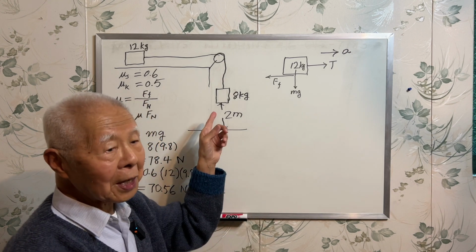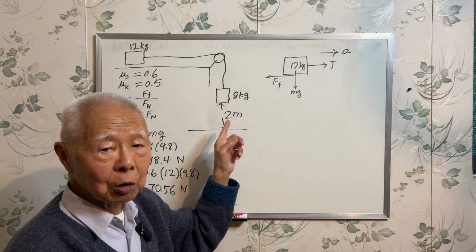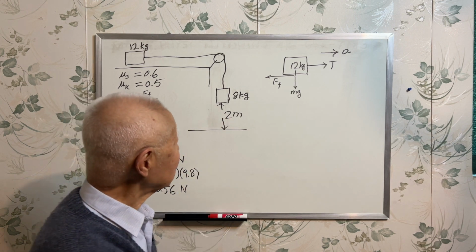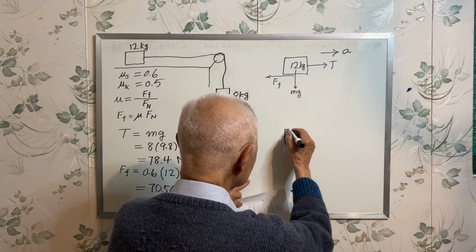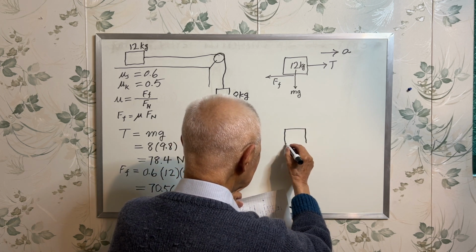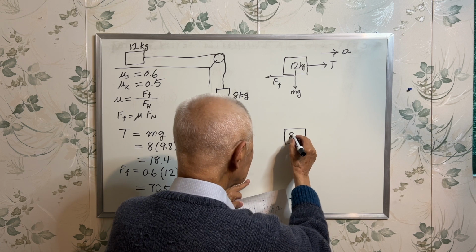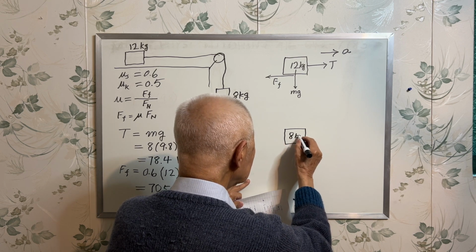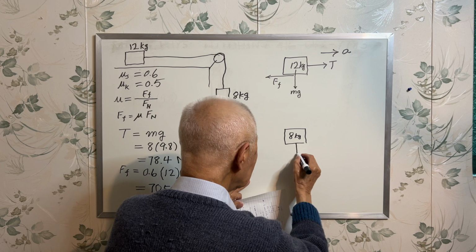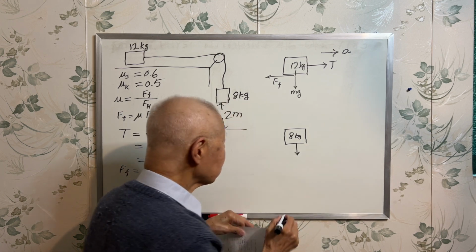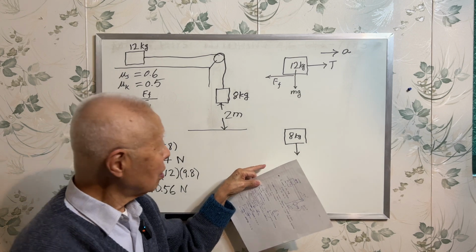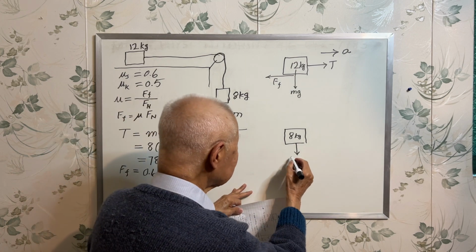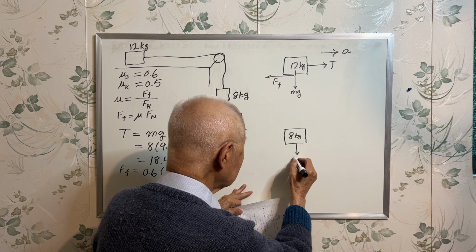Now there is a second body, 8 kilogram, and we need another free body diagram. There is force of gravity, the mass times 9.8.